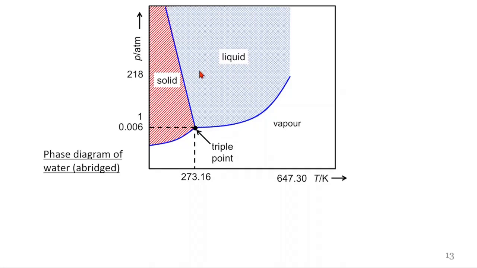As temperature increases, the liquid phase becomes more stable. Further increase in temperature leads to the vapor phase being more stable. The triple point is here, 273.16 Kelvin, and it happens at a pressure of 0.006 atm.